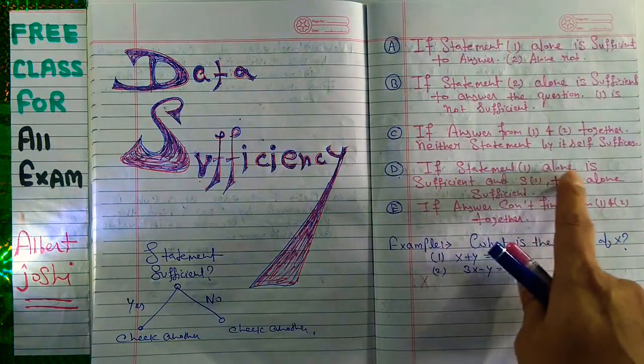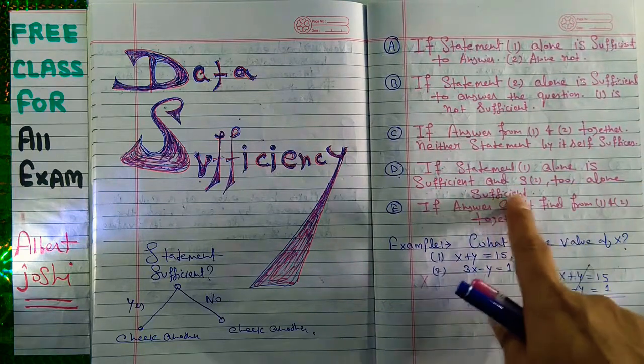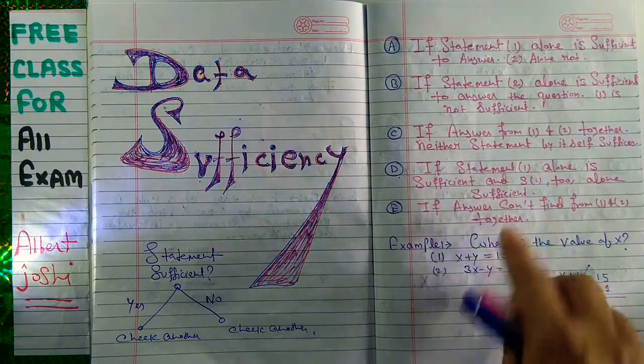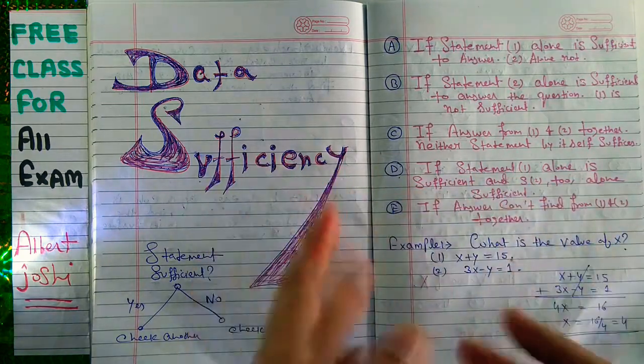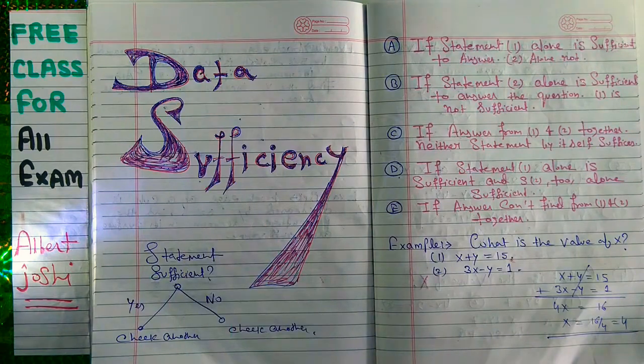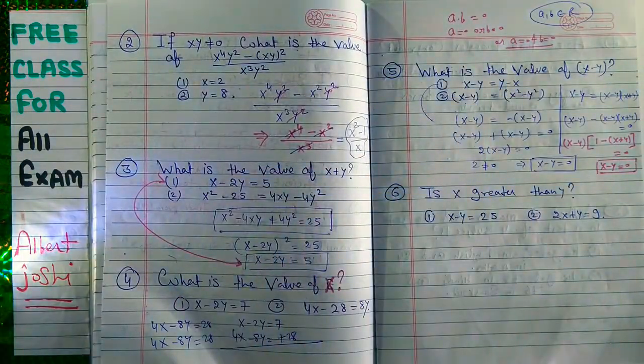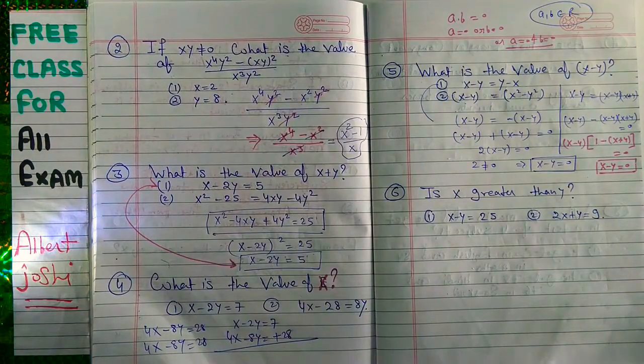If statement 1 alone is sufficient and statement 2 alone is sufficient, you can see there also statement 1 alone is sufficient and statement 2 alone is sufficient to give your answer. So your D is working here.